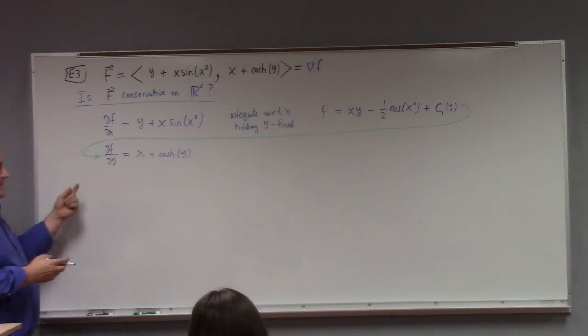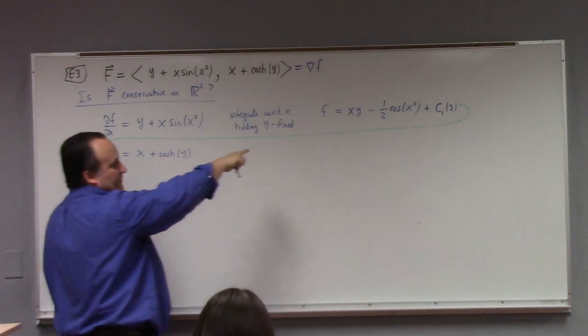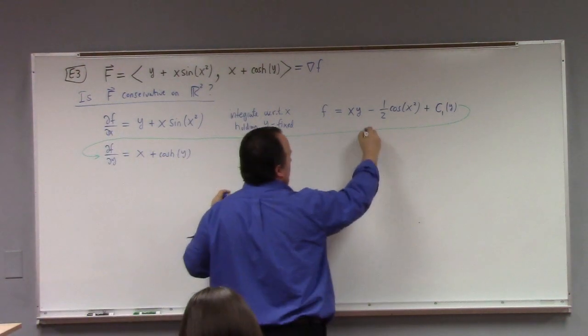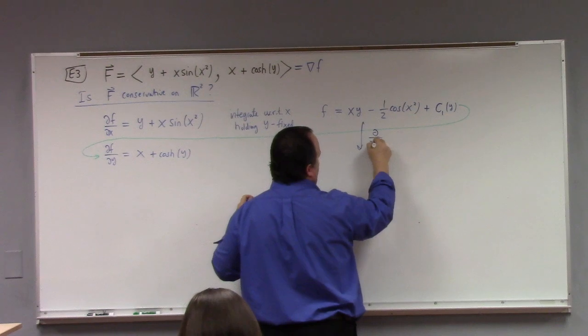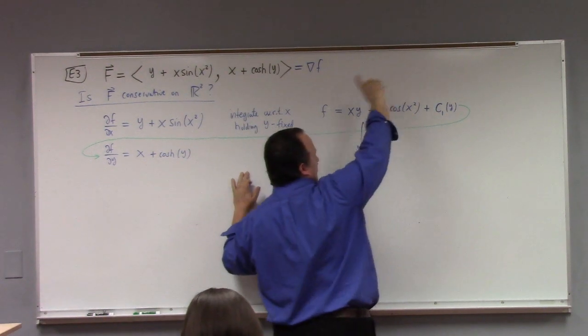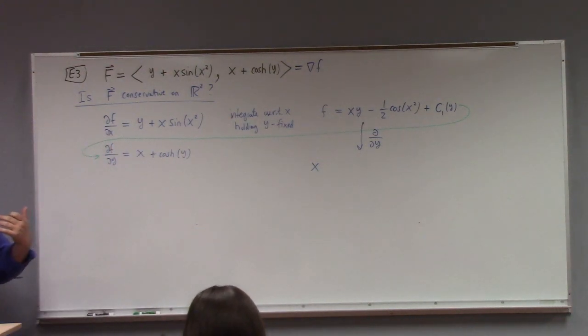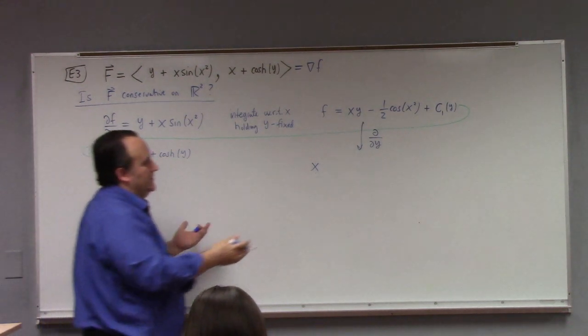But anyway, so plug that into here, what happens? What's partial f partial y? We get x. What's the derivative of 1/2 cosine x squared with respect to y? 0, right? Partial differentiation.